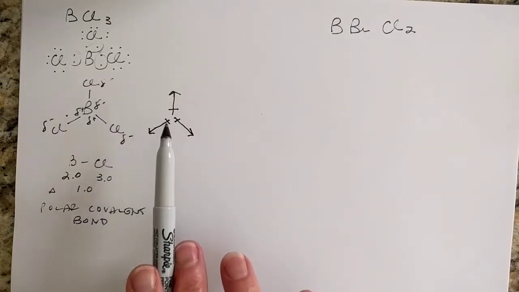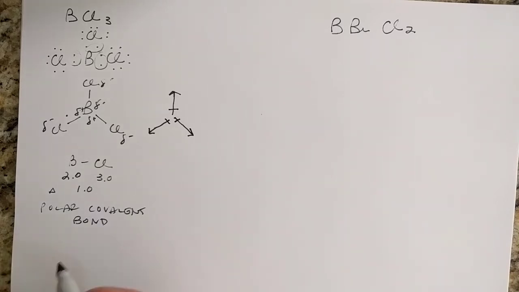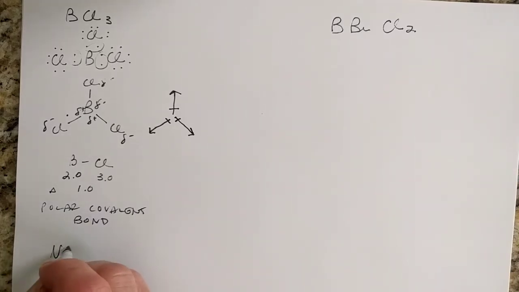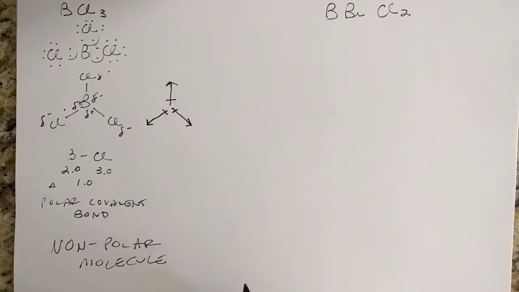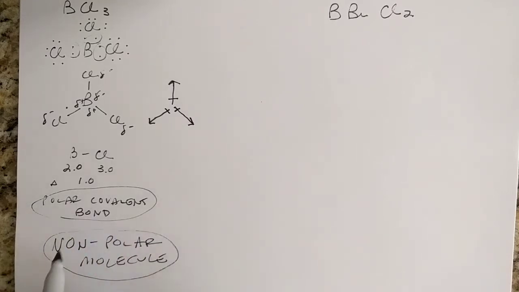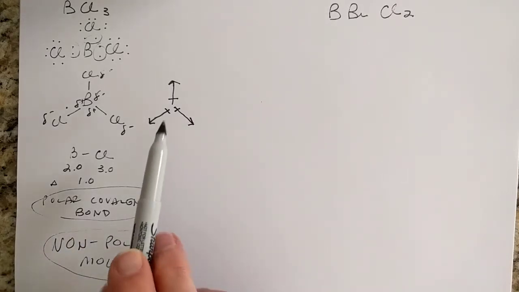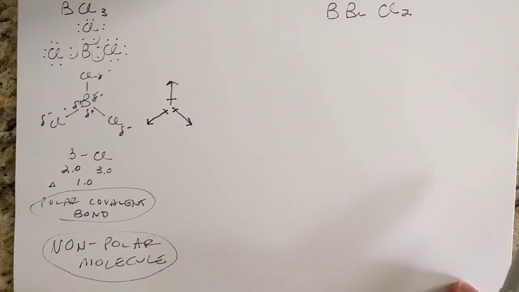These dipoles do cancel out in 3D space. So we have a nonpolar molecule. So again, we have an example where our bonds are polar, but the molecule itself is nonpolar because these dipoles cancel out.